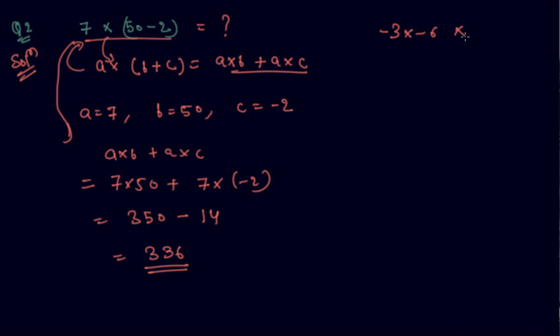This is, if I say, minus 3 into minus 6 into minus 2 into minus 1. This is a simple question based on multiplication. And I told you about one thumb rule, that if there are an odd number or an even number of negative signs, then the answer should be negative or positive respectively.